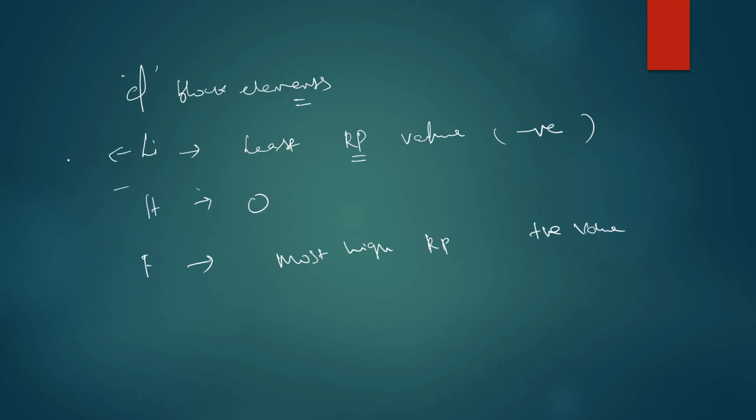Lithium is a metal, right? So metal has a tendency to get oxidized. Metals are electropositive in nature. Electropositive in nature means they have the tendency to lose electrons easily, so that it helps in reduction. Itself gets oxidized, right? Metals lose electrons.